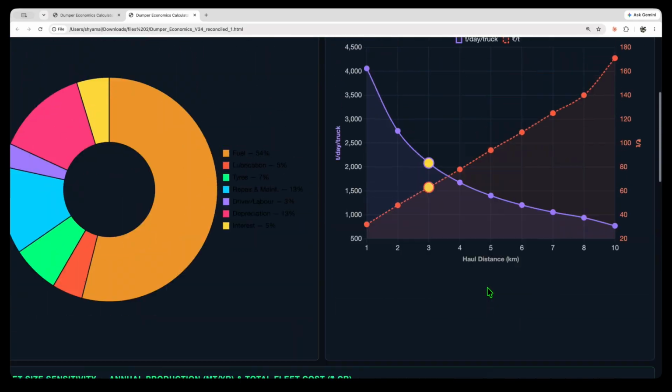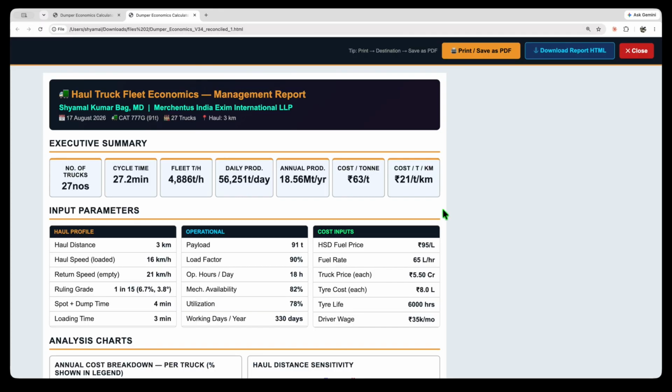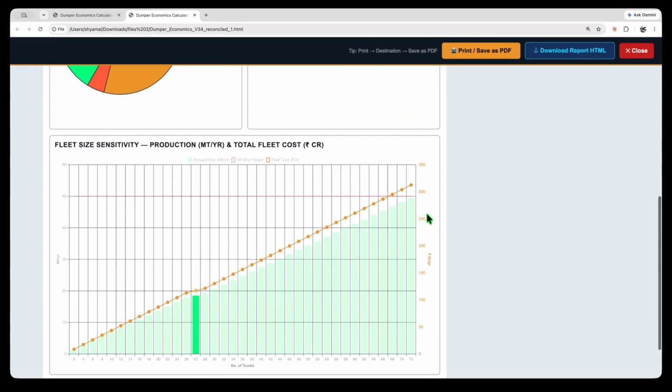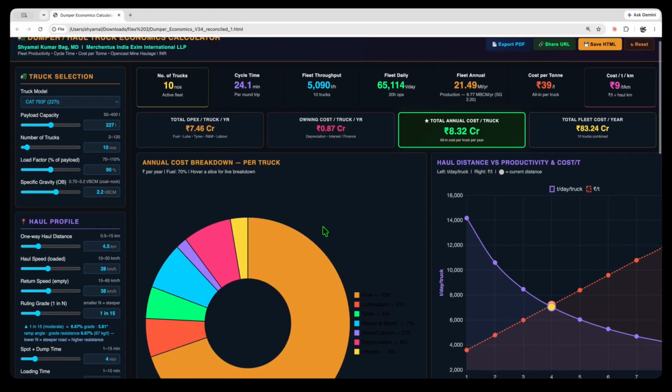So all these things will be shown, and this sheet can be saved as an individual HTML and can be distributed. It is possible to share the URL, and also it is possible to export the PDF report. You can see a PDF report can also be generated here. So all these facilities are here.